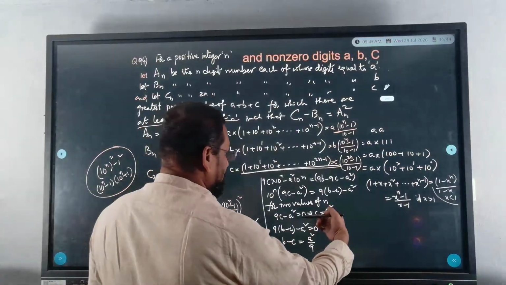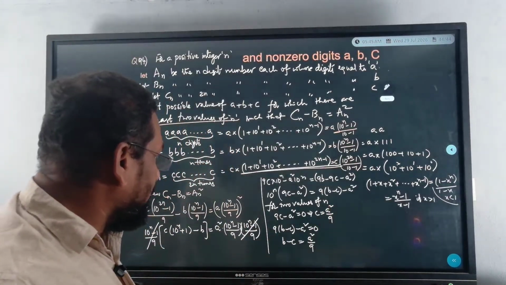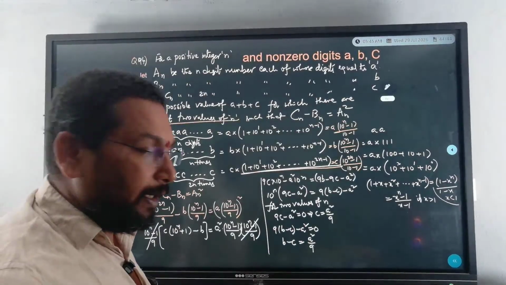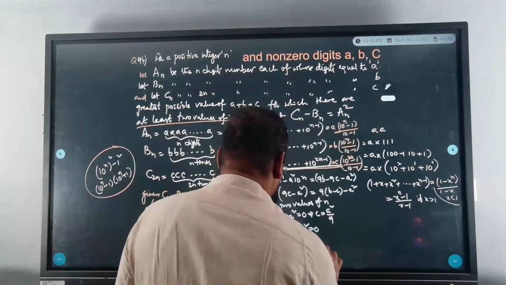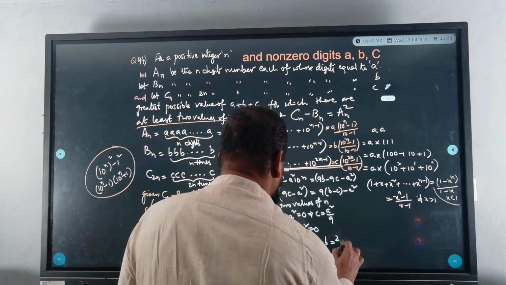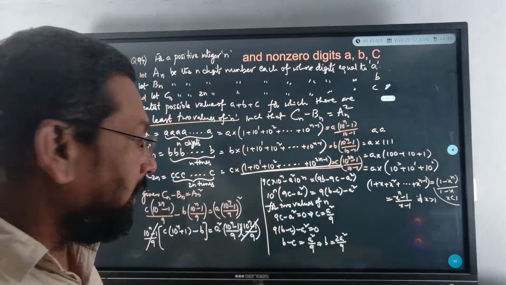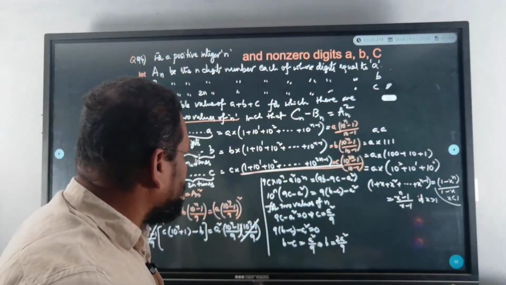What is c? A square by 9. Okay, a square by 9. So b is equal to 2a square by 9, sure.